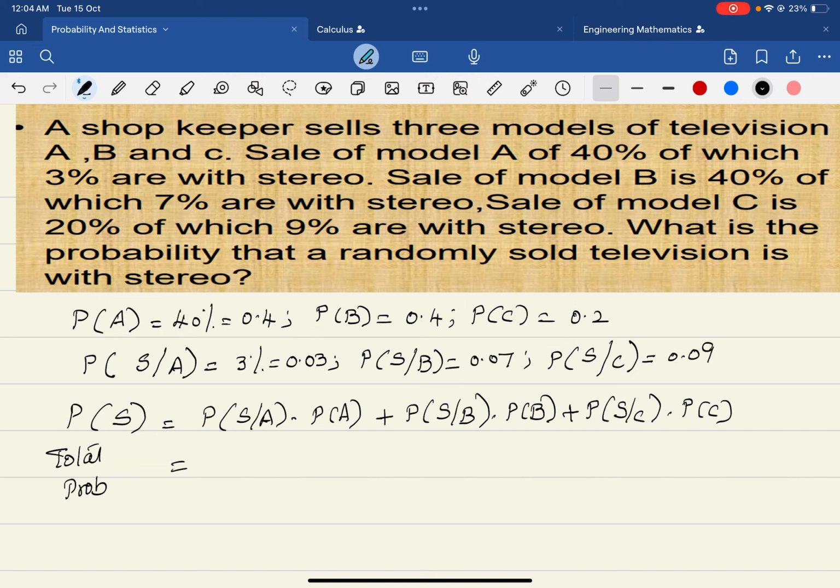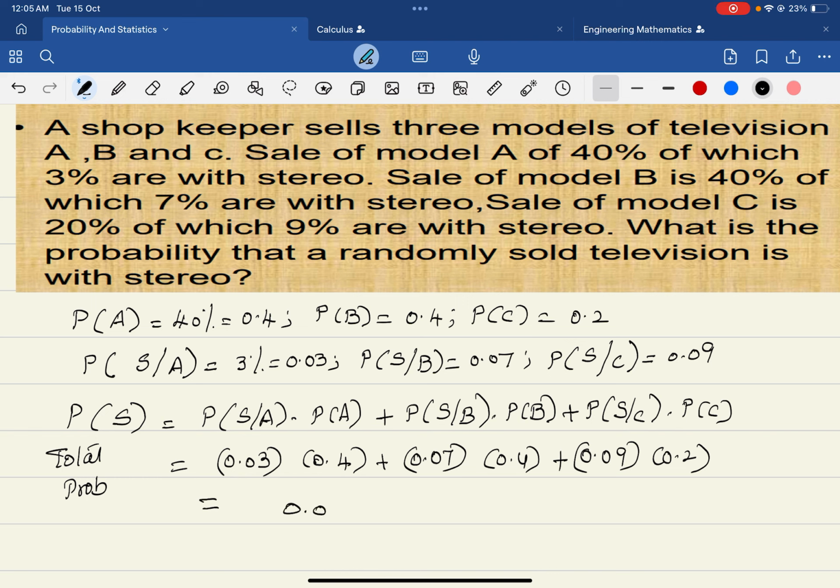So 3% is 0.03 multiplied by 0.4, plus 0.07 multiplied by 0.4, plus 0.09 multiplied by 0.2. When you do all the additions, you will get the value 0.058. I hope you could understand with these examples.